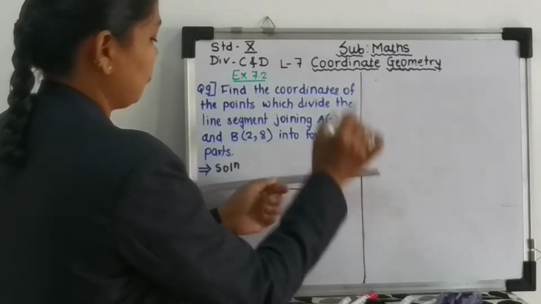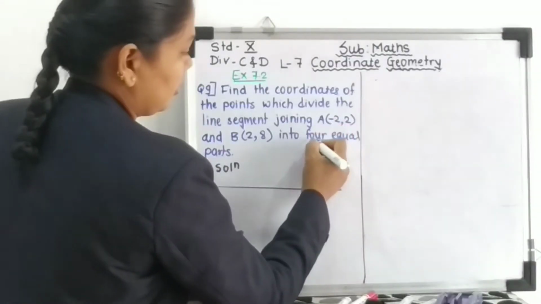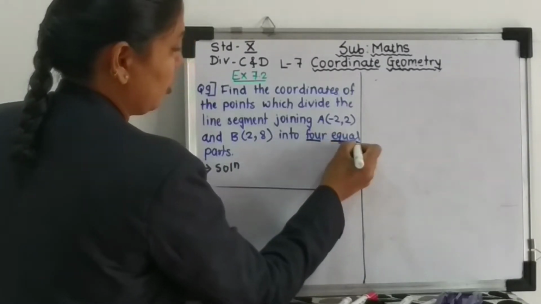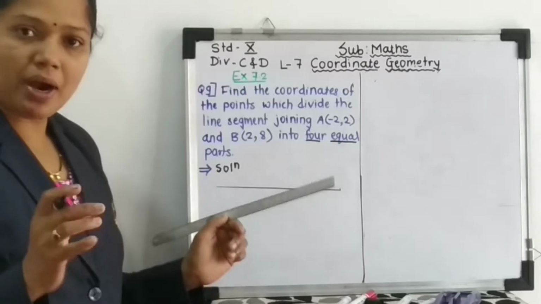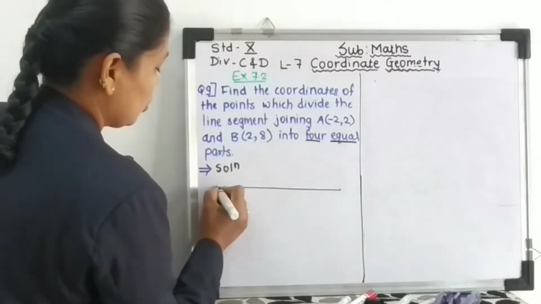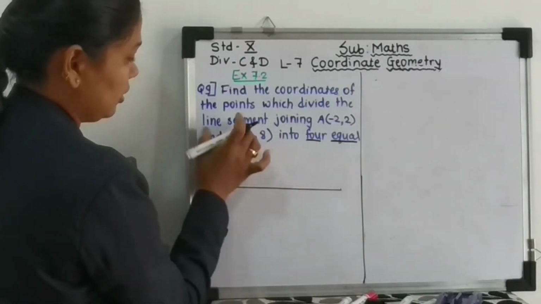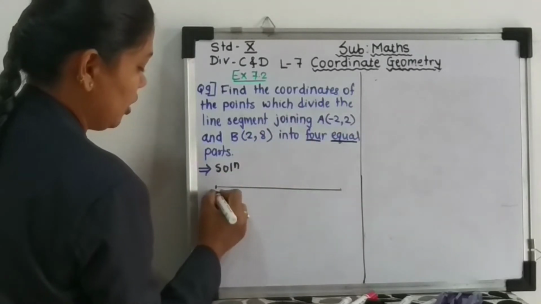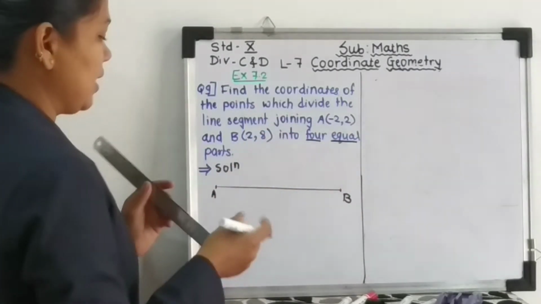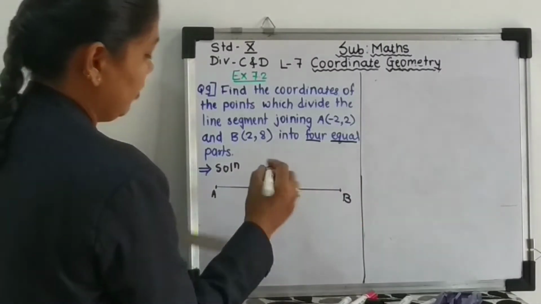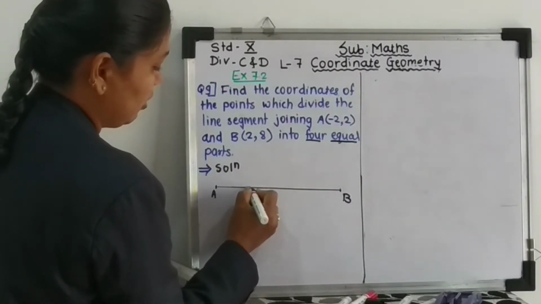We have to pay attention that it has been divided into 4 equal parts. So the line segment joining points is A and B, and we are going to make 4 equal parts.